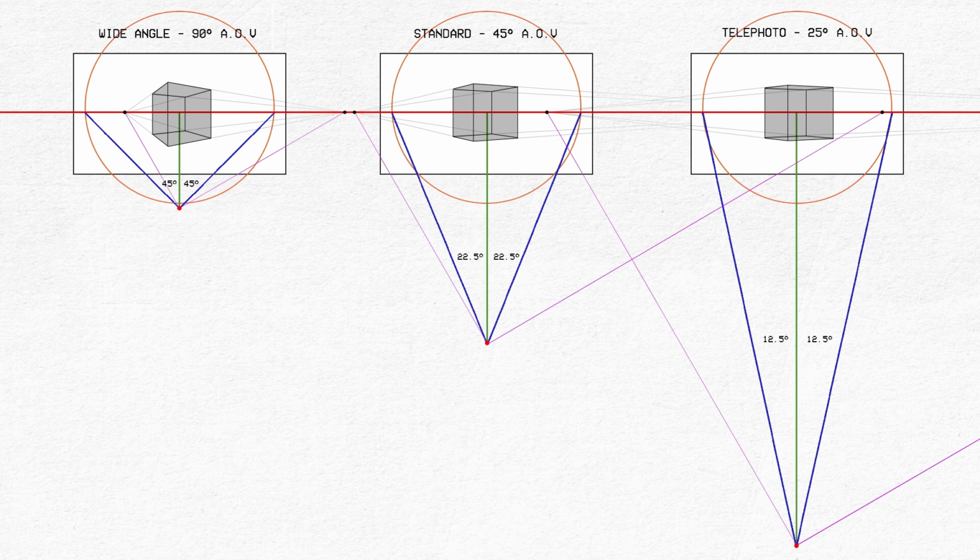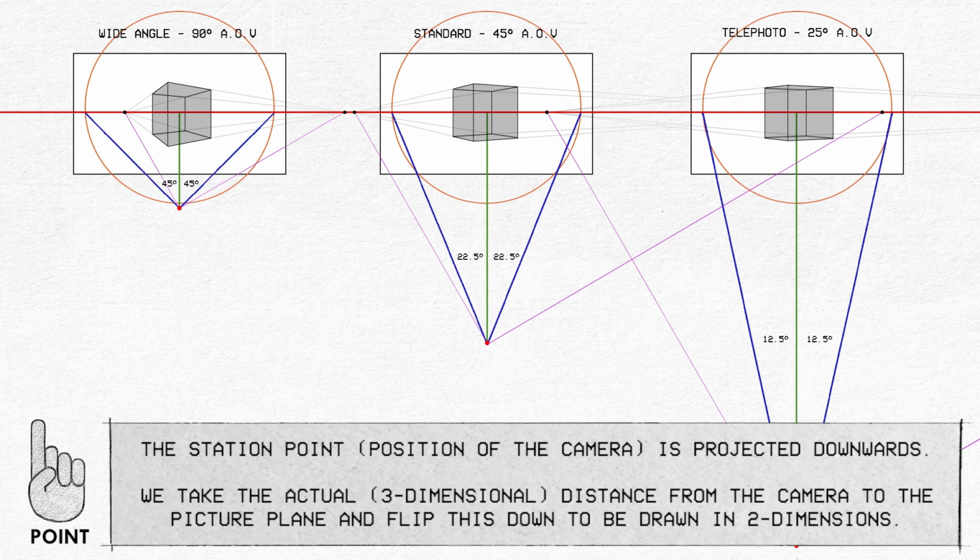The reason I did this in the last video was to show you how changing the lens, in other words changing the focal length and in turn the angle of view, affects how a drawing appears due to the station point, the position of our camera, moving closer or further away, which means our vanishing points that we locate from that station point are also closer or further away.